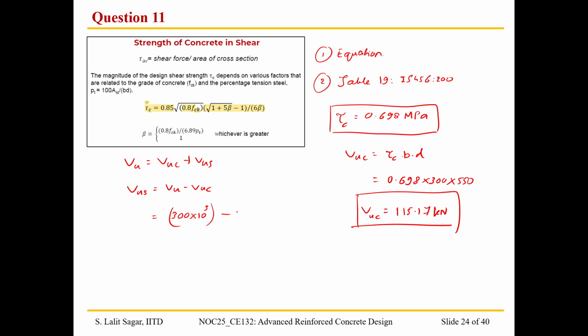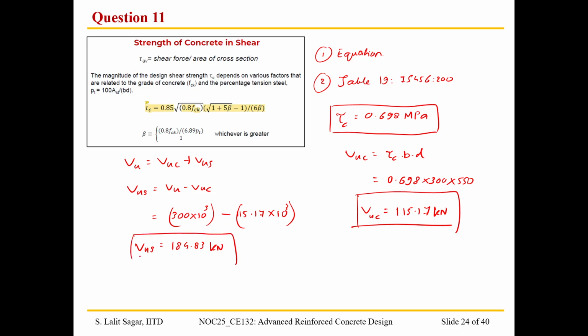So VUS is equal to 300 minus that answer, 184.83 kilonewton.